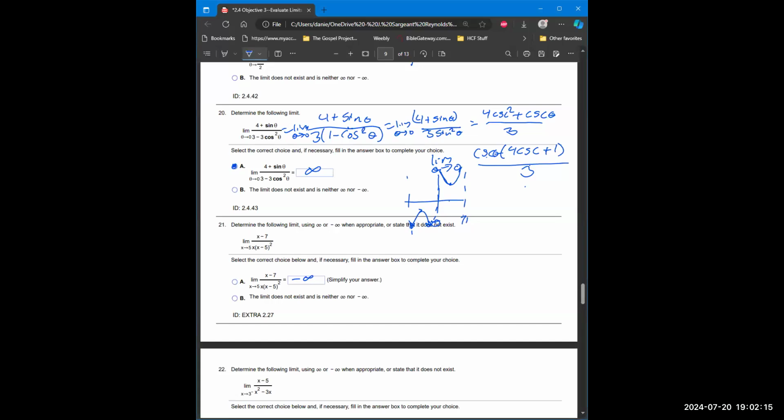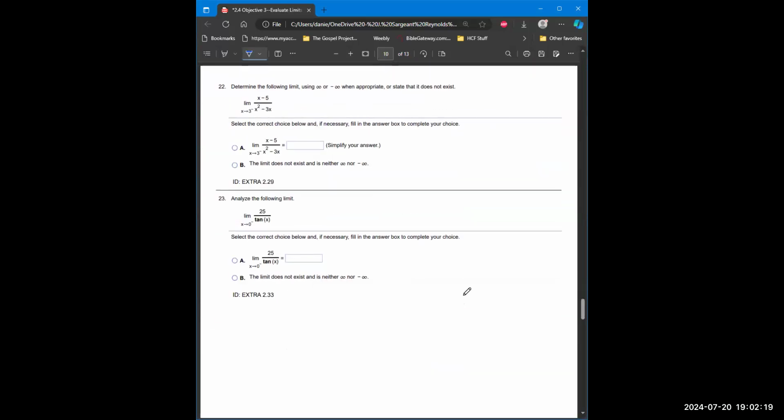So that's 21, 22. This is x minus 5, x times x minus 3. As I approach 3 from the left, this is a negative, and a negative is a negative infinity. Three from the left. No, 3, not negative 3.